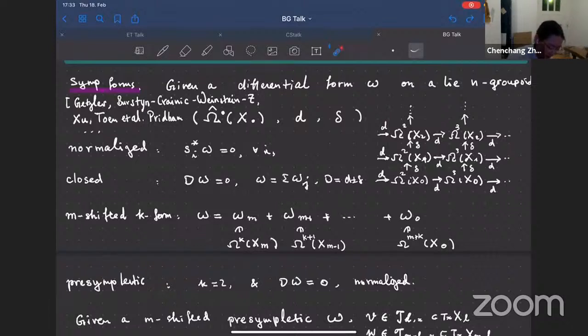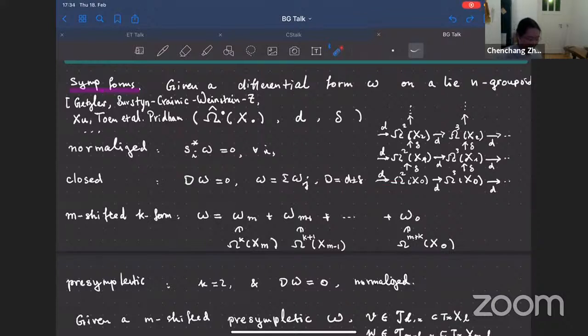In this double complex, one direction is the simplicial direction, like here. The other direction is the de Rham direction, like this. And we call this differential form normalized if it is zero on degeneracies.